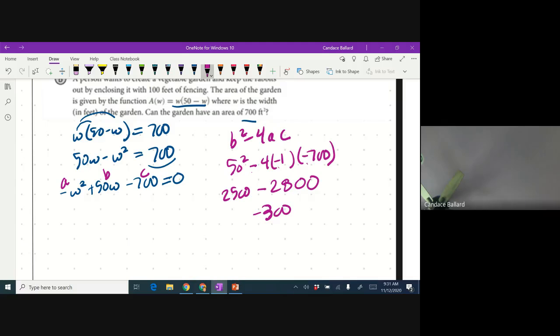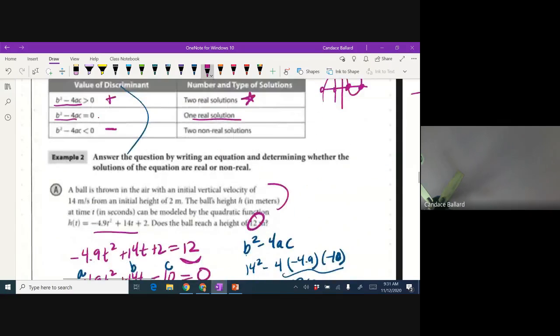So tell me in the chat, how many and what type of solution do I have this time with a negative number? Go back to your chart at the top if you need to. Okay, so I ended up with a negative number. I'm going to come all the way back up here to my chart.